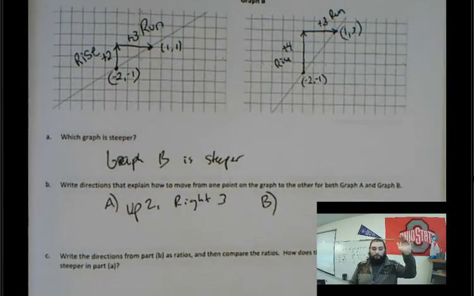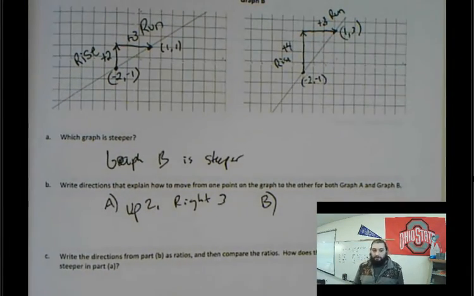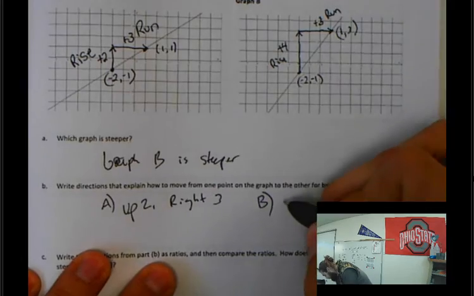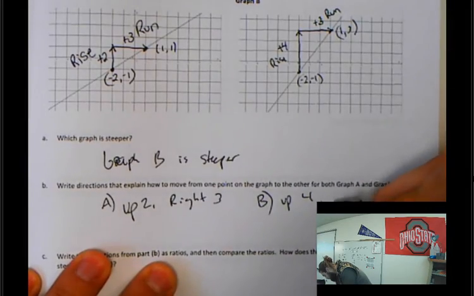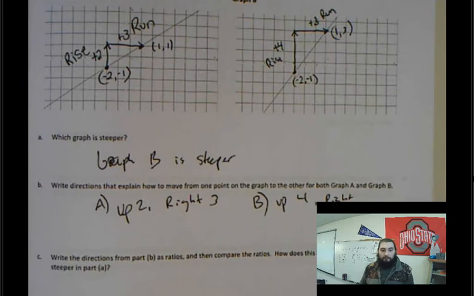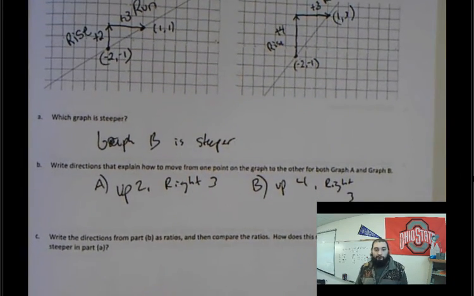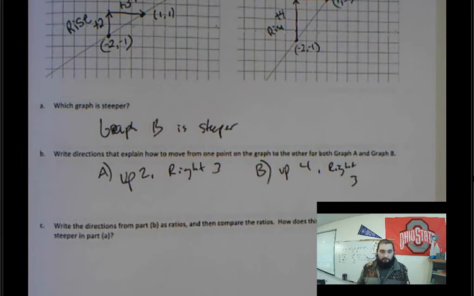Our increase or decrease in terms of where we go is our rise. So here we went up 4, right 3. Our increase or decrease is called our rise. And then our shift horizontally, either left or right, depending on where we have to go, is called our run.